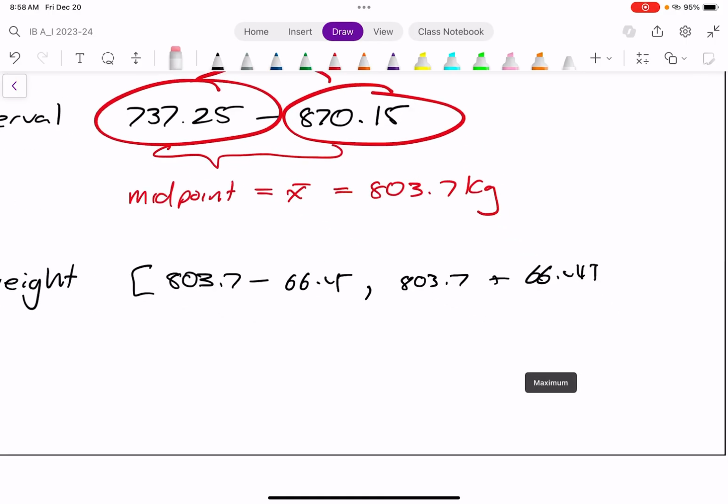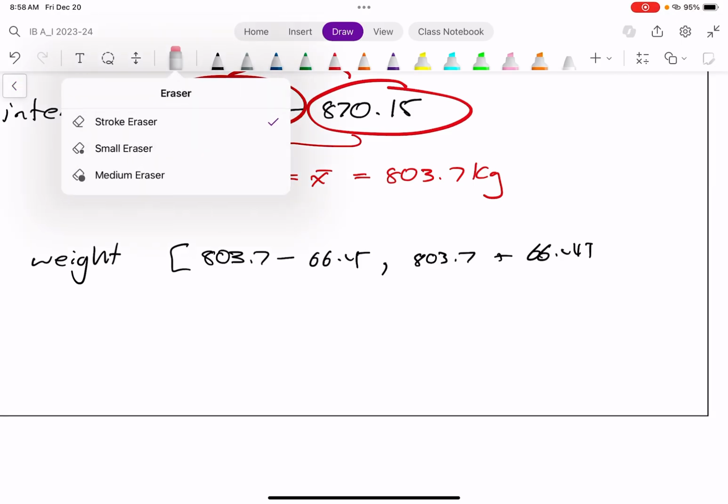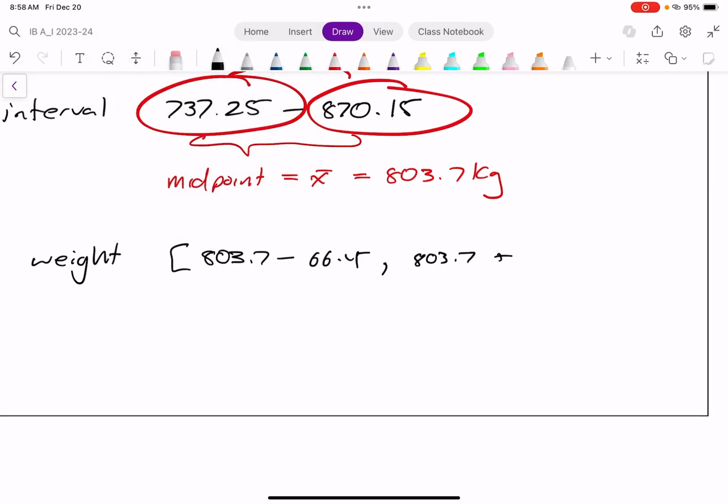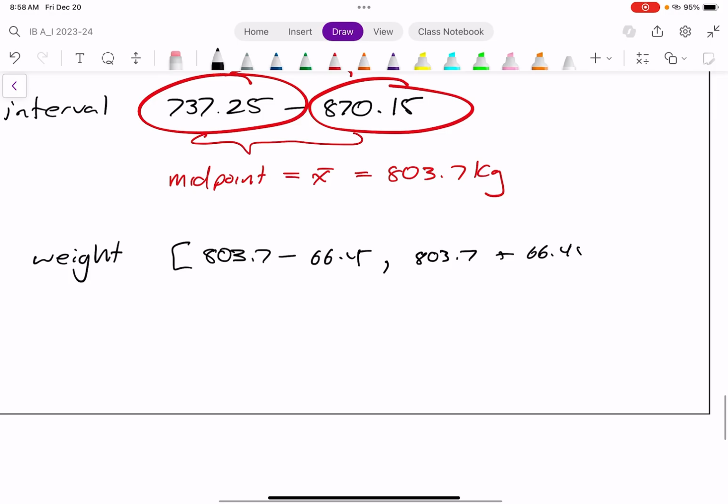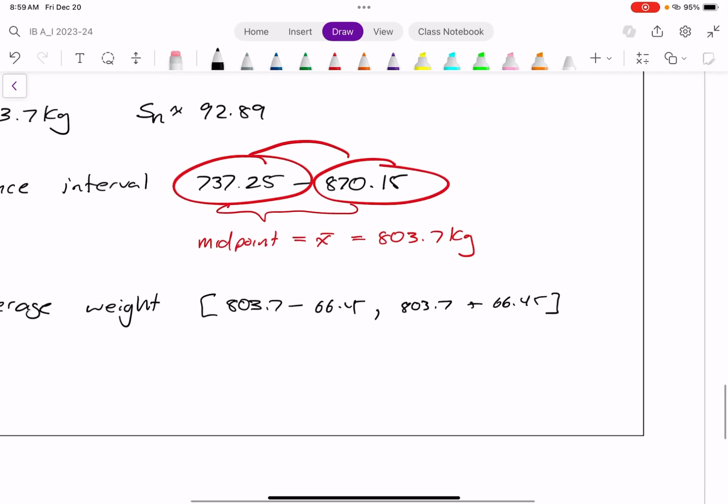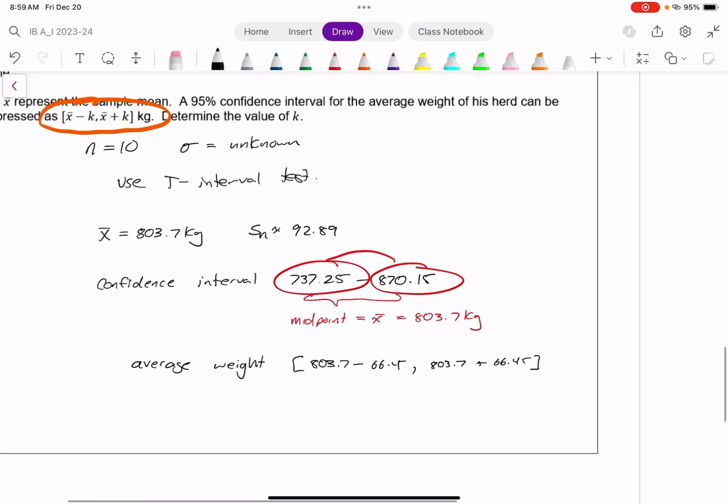Well, that is the messiest writing I think I have ever done. And I've done some messy writing. And so in the end, technically they're asking for what is K, so K is 66.45. But really, it's just about finding that confidence interval.